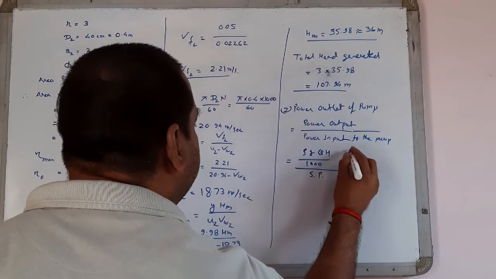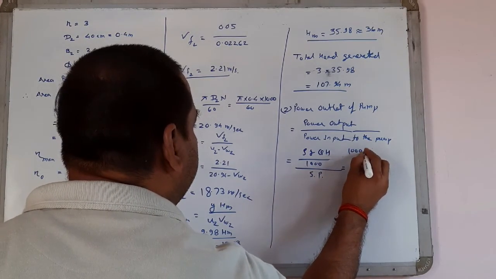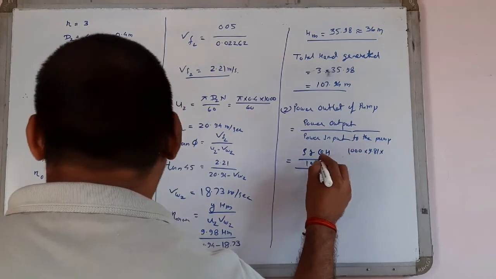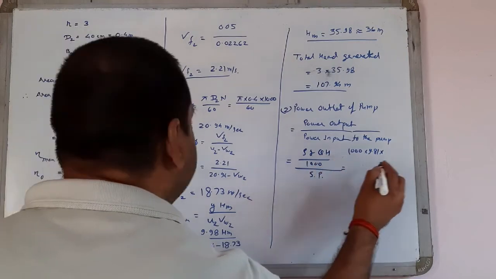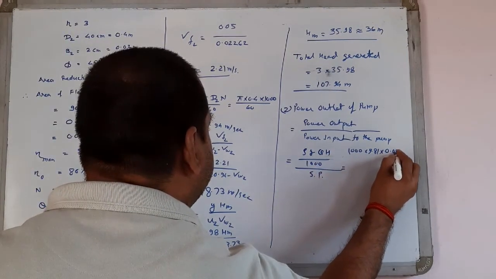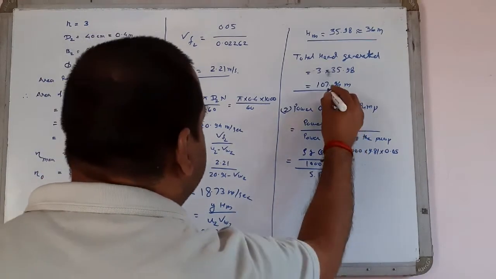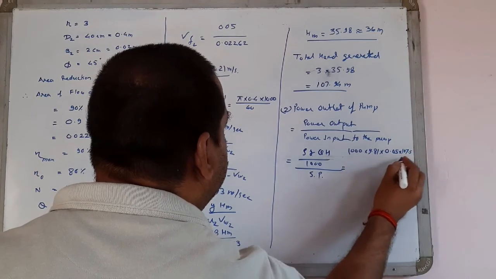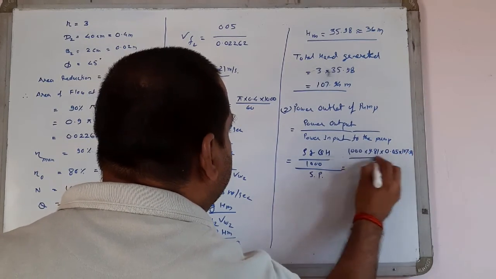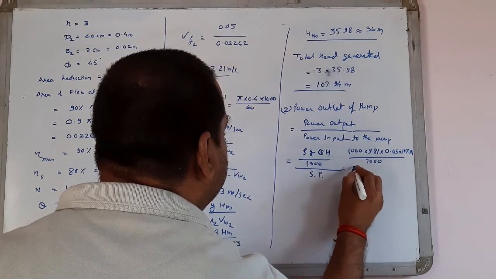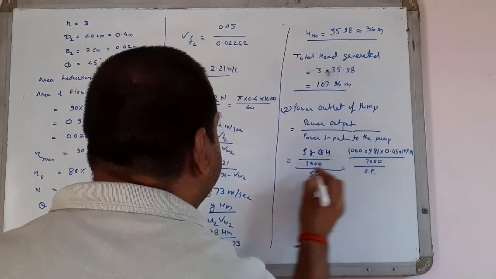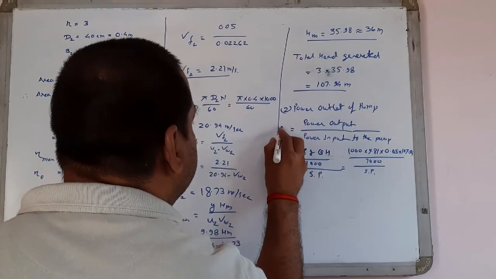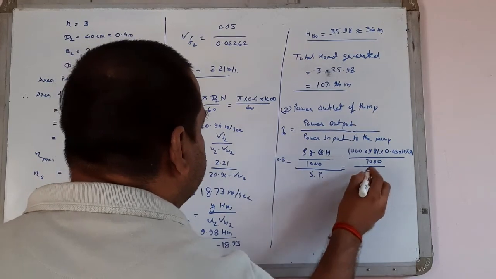So here putting the values, rho is 1000 for water, g is 9.81, Q is 0.05, and H is 107.94, that divided by 1000 by SP is equal to 0.8, the overall efficiency.